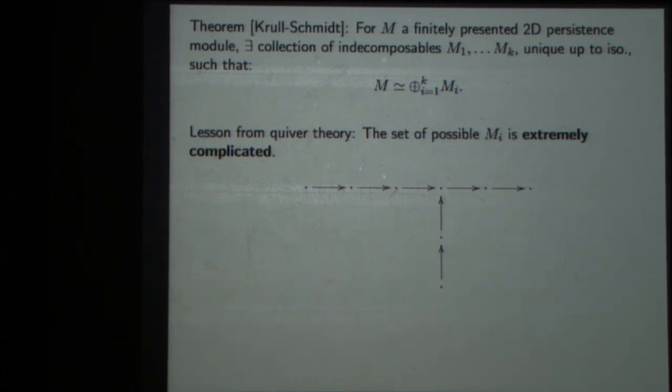And this is a lesson from standard results in quiver theory. So quiver theory worries about these kinds of questions, like how nasty can the collection of isomorphism classes of indecomposables of a diagram of vector spaces be? Is the collection of indecomposables computable? Yes, I believe that it is.